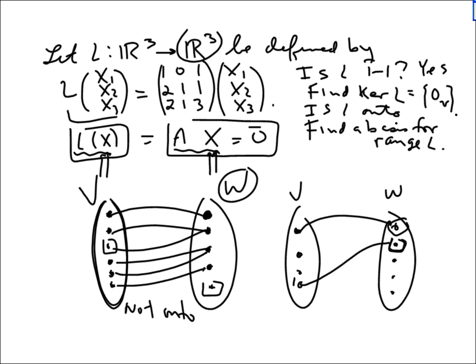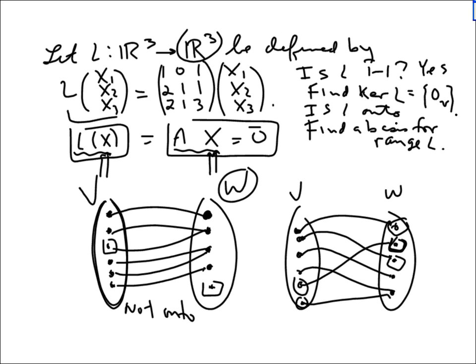L of this element in V equals that W. For this W, L of something goes there. For this W, L of something goes there. This is onto. Now, if this element also went here, it's still onto.